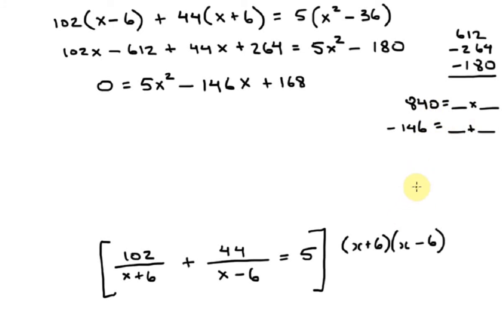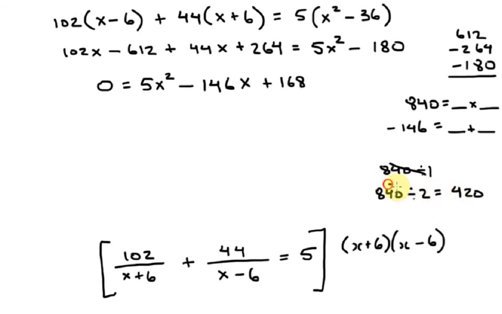In other words, I would start off and go, well, how about 840 and 1? Is there any way I can combine these to make a 146? The answer is no. So then I would try 840 divided by 2. What do I got there? I would get 420. Is there any way to use 2 and 420 to try to get 146?